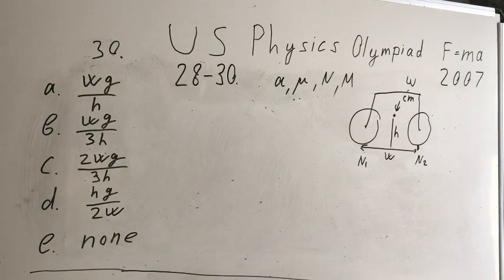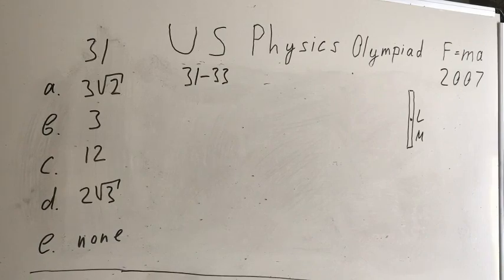The correct answer is the same as for problem number 29, because in that previous problem it doesn't matter whether it was sliding or rotating, so we found the maximum possible acceleration for any condition. So the answer is the same, but we don't see this answer here, so the correct answer is none of them.